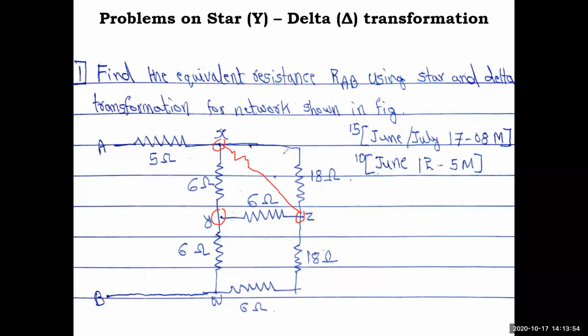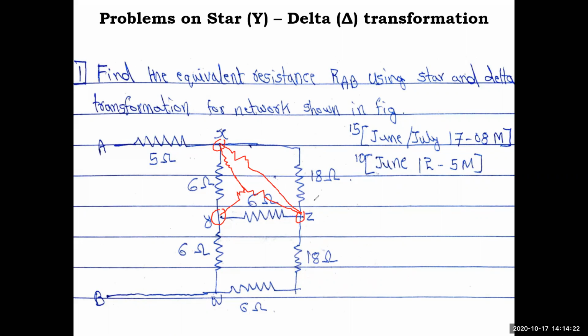You can transform this into a Y network, with one resistance here, one here, and one here. When you do this, what will happen? This resistance will come in series with this resistance, so whatever new resistance comes over here will be in series with this, and this resistance will be in series with these two resistances.